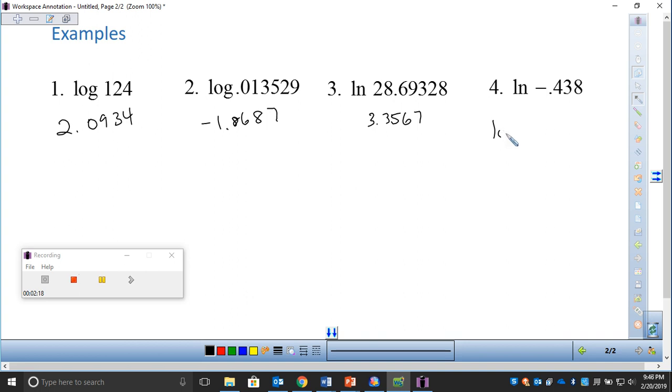So I would set this up another way: log base e of negative 0.438 equals x. If I'm setting that up in an equation, it would be e to the x equals negative 0.438, and e to what power gives me a negative number? None. So that's not possible. That's why that shows up as an error.